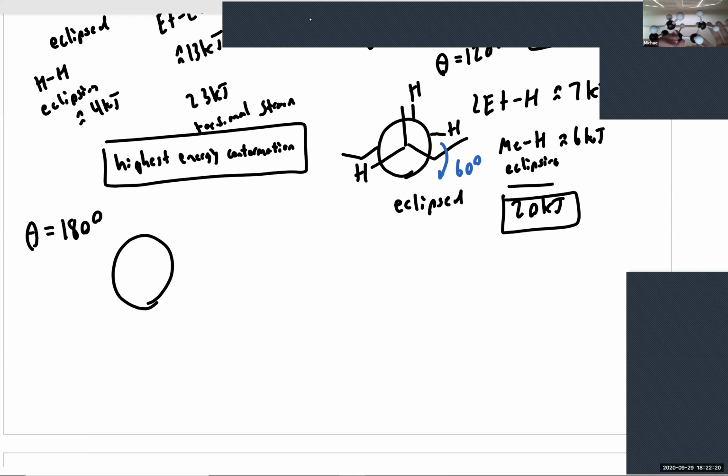Let me rotate this a little bit so it's easier to see with the camera. So does everyone see how these two ethyl groups are separated by a 180 degree dihedral angle? Does everyone see that?